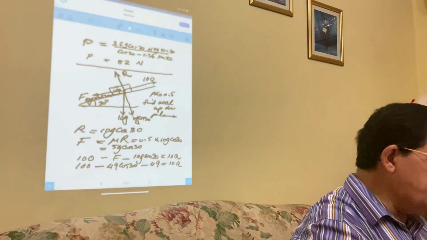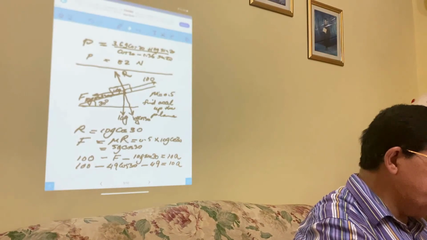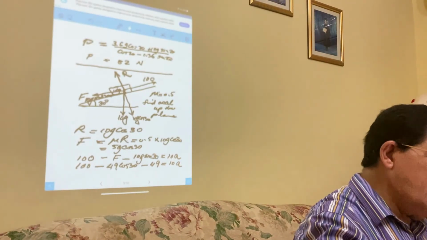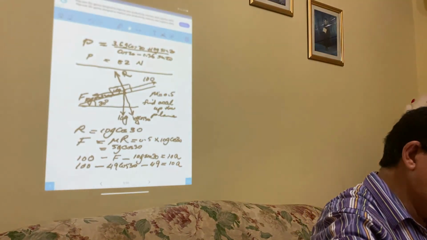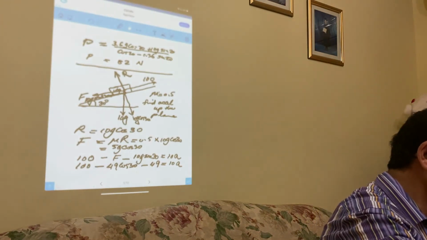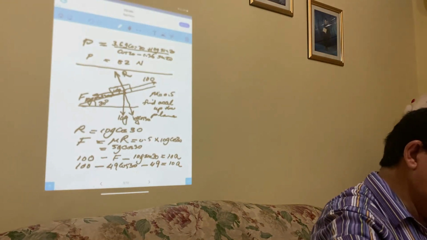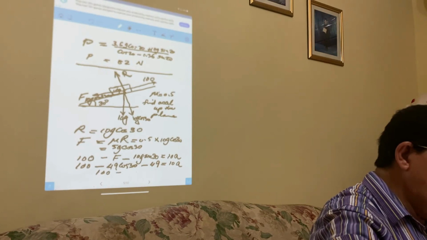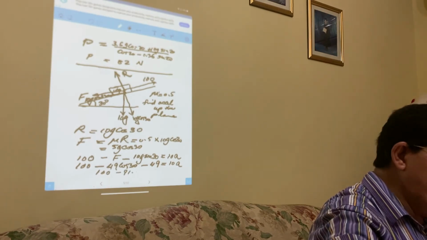We add to this 49, so we get 100 minus 91.43 equals 10a.